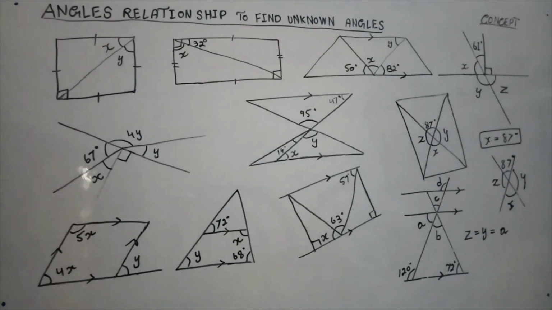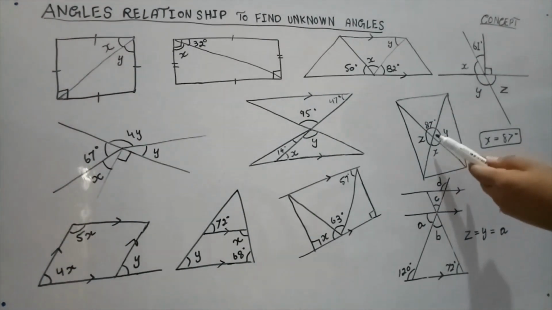Now these two are the same, and we know the value of these two. Now we will apply one more theorem here. It is angles around a point: the sum of angles around a point will be equal to 360 degrees.